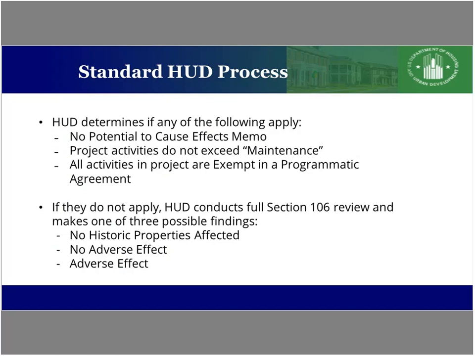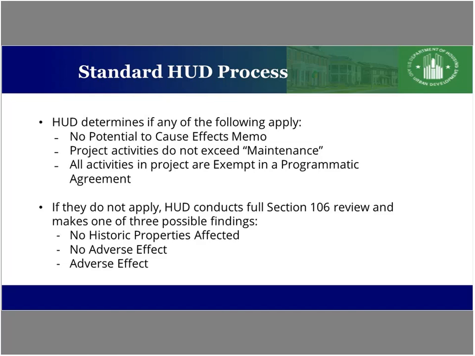Currently, HUD takes the following steps to review an FHA project. HUD determines if any of the following apply: the No Potential to Cause Effects Memo, which I mentioned, which basically exempts from further consideration a particular group of projects. There may be a situation where project activities do not exceed maintenance, which is exempt by regulation in HUD regulations.